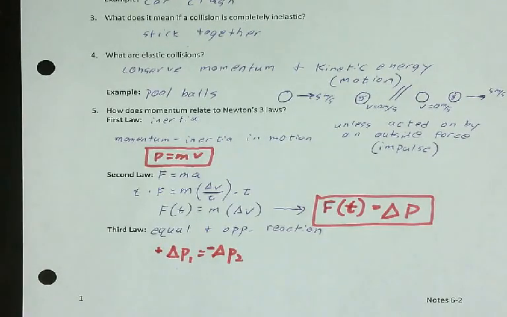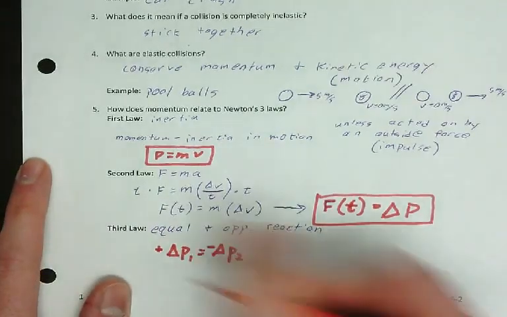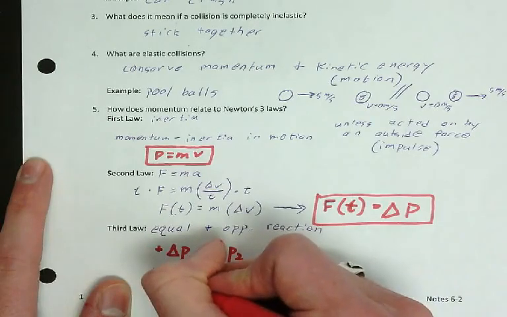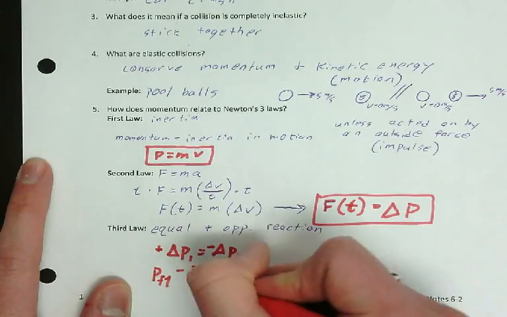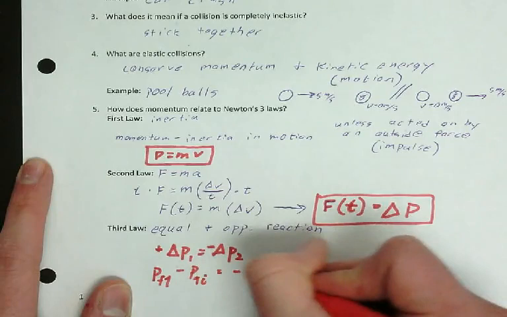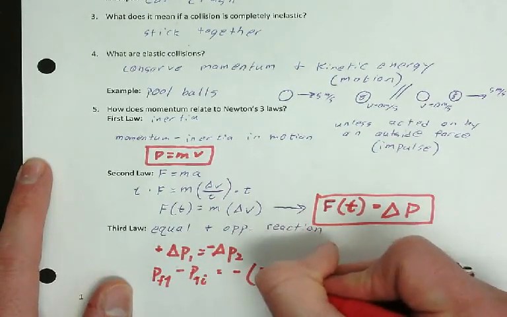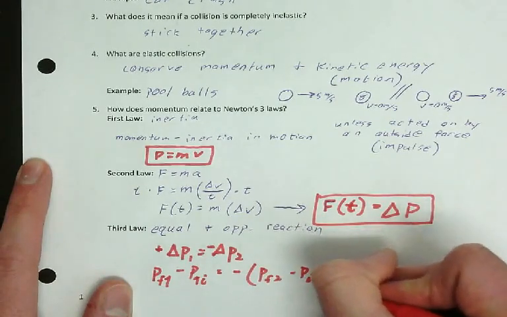And I know you're saying to yourself, okay, Mr. B, that's sweet, but that's literally nothing we've done. Like, I don't see what's going on here. Well, change in momentum 1 would be final minus initial. So momentum 1 final minus momentum 1 initial, and that would equal negative change in 2. So that's momentum final of 2 minus momentum initial of 2.